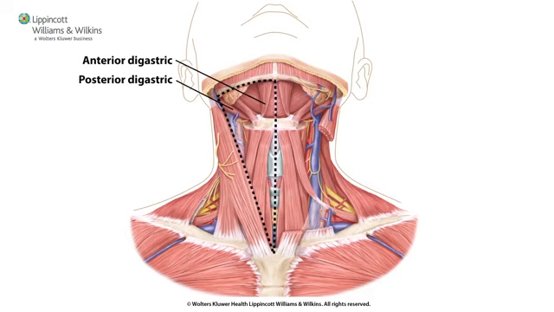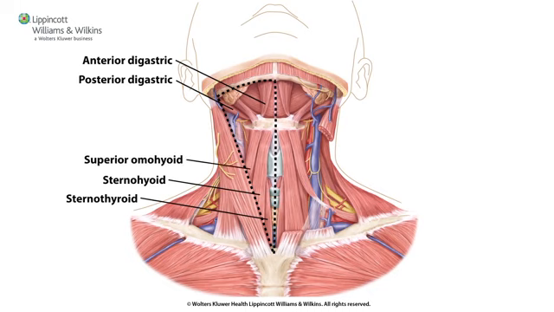In the midline of the neck, you have your sternothyroid muscle. Lateral to that, you have the sternohyoid muscle. And then lateral to that, the superior omohyoid muscle. As that muscle goes down inferiorly and into the posterior triangle, it becomes the inferior omohyoid that we talked about before.